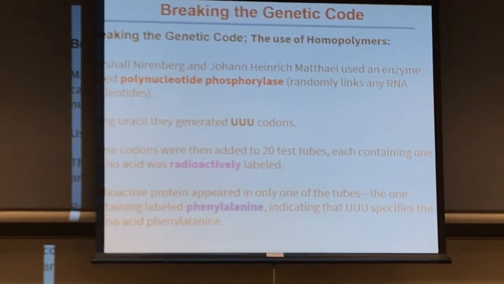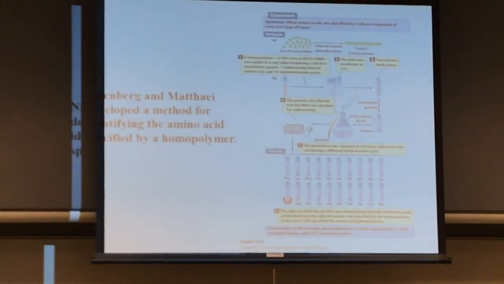But you also have UAG, UCA. So they further extended the experiments by adding multiple nucleotides and then seeing what amino acids they actually coded for. I'm not going into that discussion because it's going to get very lengthy here.